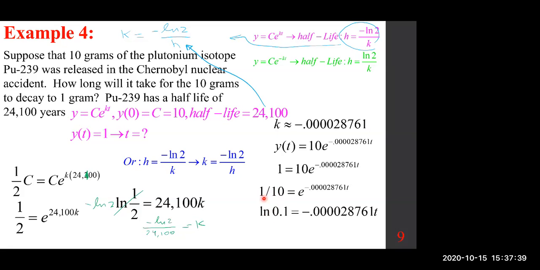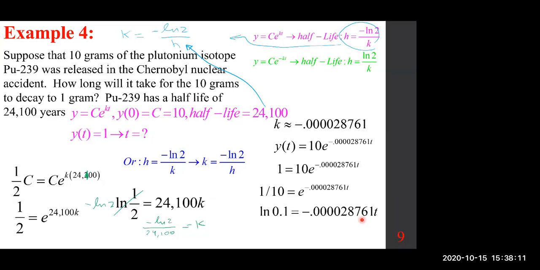When you take a natural log, the left side becomes ln of 0.1. The right side just gives you the exponent. So what is t? ln 0.1 divided by negative 0.000028761. And I put a lot of decimals because we really need that, everybody. It's important to see the number is extremely small, k is extremely small, and if you don't carry a lot of decimals, you will get a wrong answer.